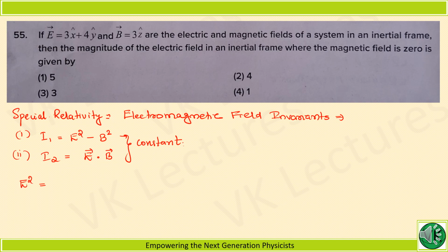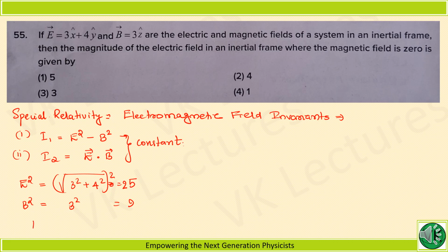Now we have E and B given, so let's find E². E is the root of 3² plus 4², which is root 25, that is 5. So E² is 25. B² is, it's not root, it's square, so 3² is 9.